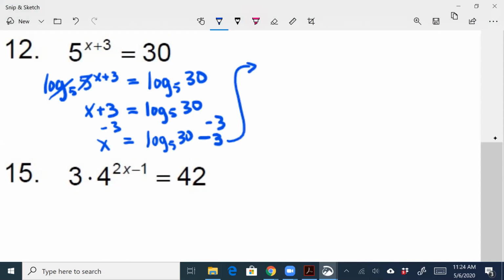Wow. And then we can use the change of base formula. Log base 5 of 30 is the same as the log of 30 over the log of 5. And then minus 3. And that would be equal to what we already had isolated on the other side, which is x.